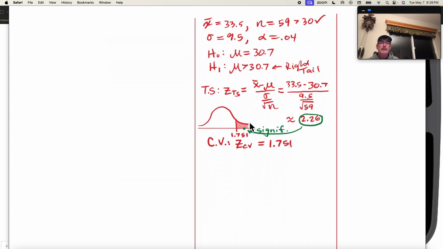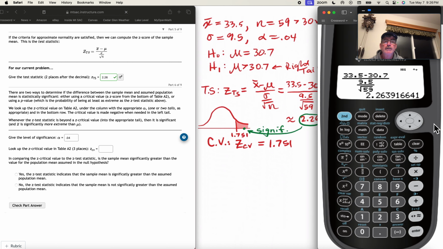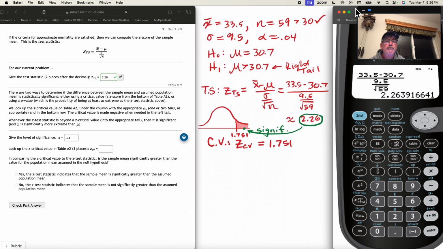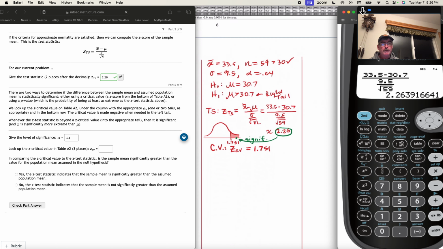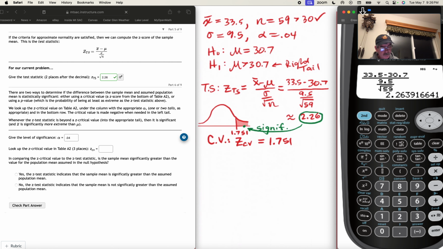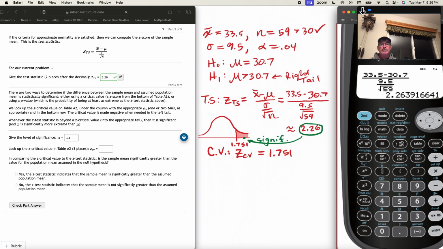Okay, so I think we can pop back to the problem here, and make some space. Okay, so I think that is probably, there we go. Okay, so the z critical value, we put 1.751 down.